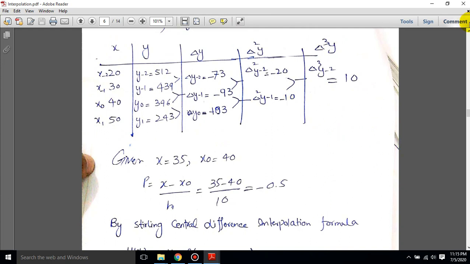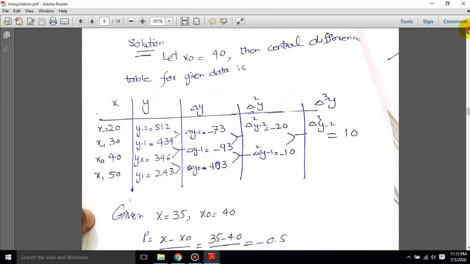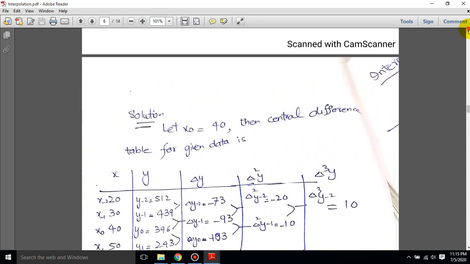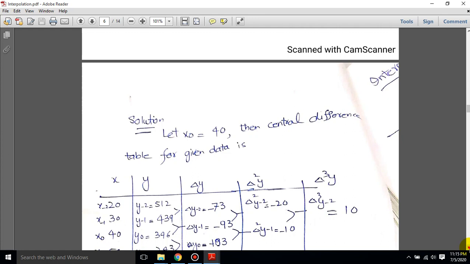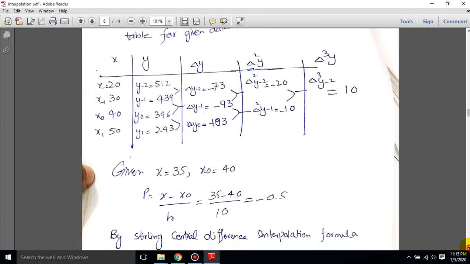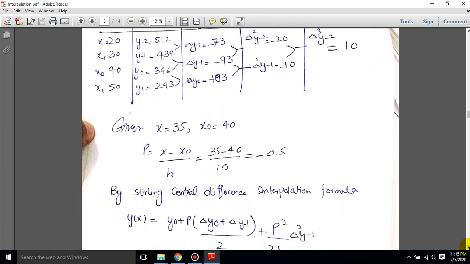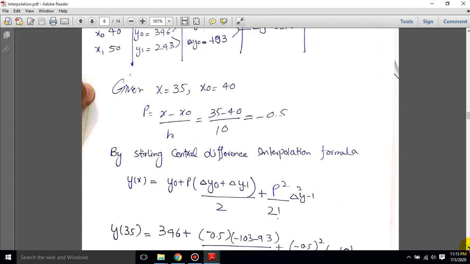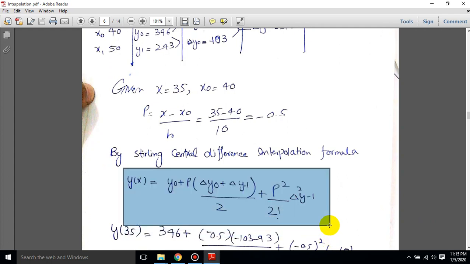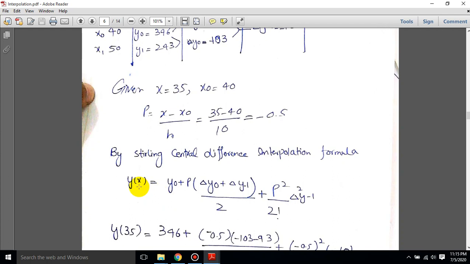this point, x equal to 35, and we have to find the function value as well. So for that, as far as this central table is concerned, we're going to use the Stirling central difference interpolation formula. According to this formula, y of x will be equal to y naught plus p here.